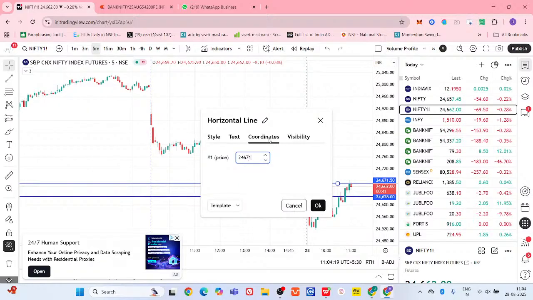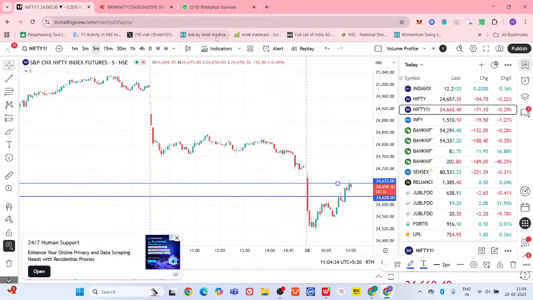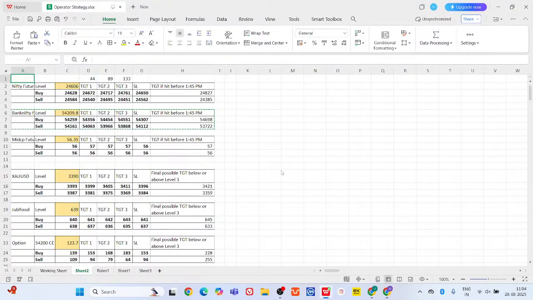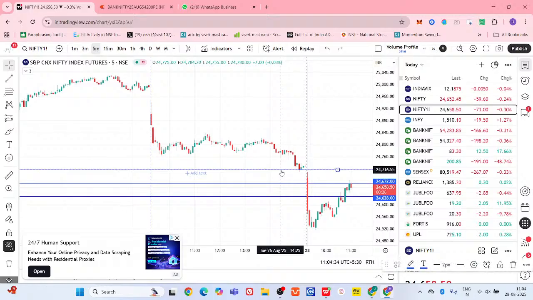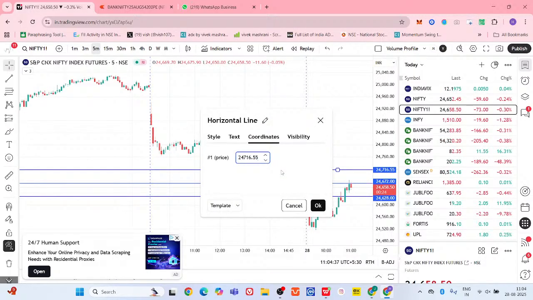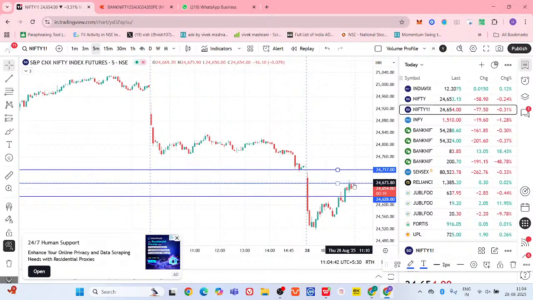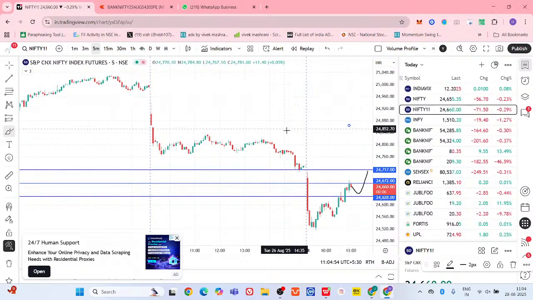So the first target is hit. What is the next target? 717. Let us see if this 717 also will hit. According to me, I feel it will come down like this and then hit back. This is my view. Let us see.